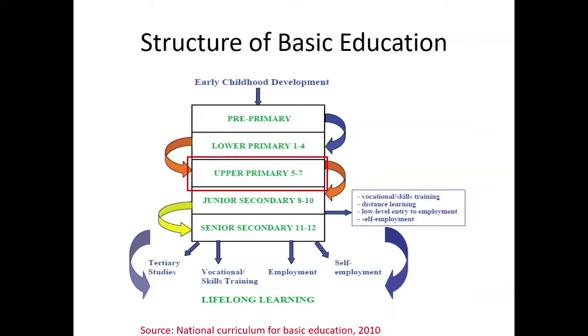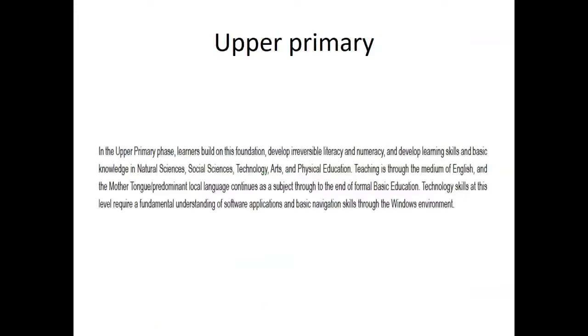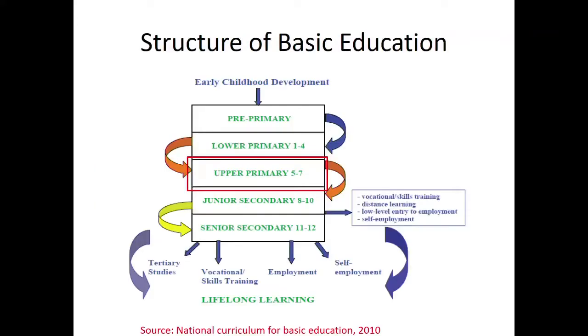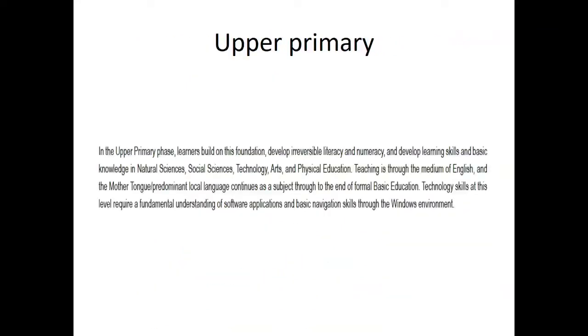But now as we move to upper primary, we go to this slide, which says that in the upper primary phase, this text is also from the same document from which this slide is from. So in upper primary, the learner now builds on the foundation, which is from lower primary.